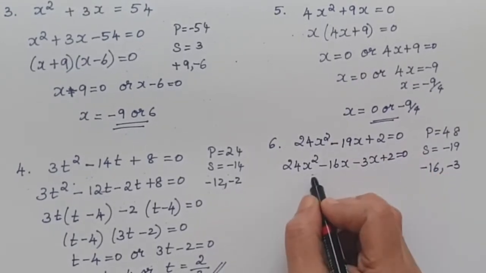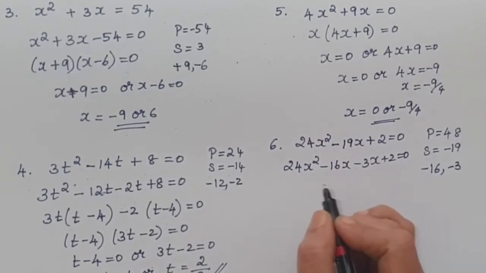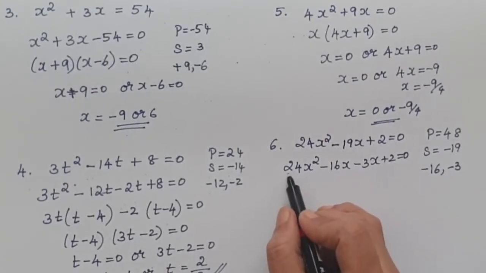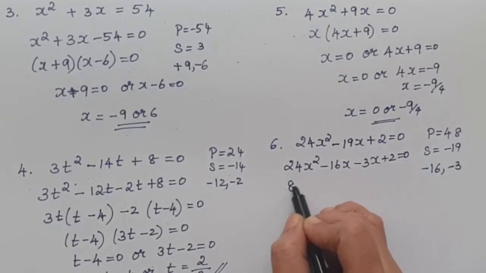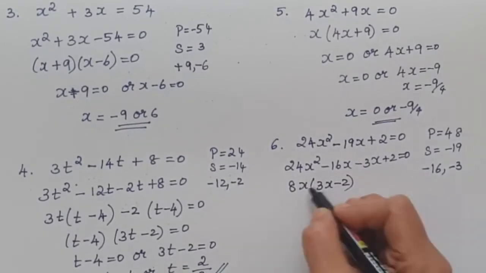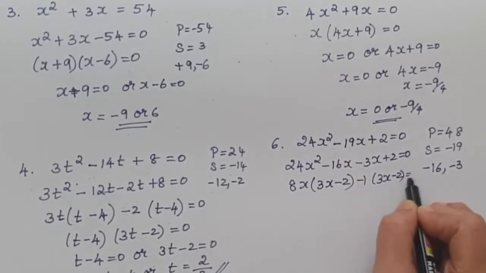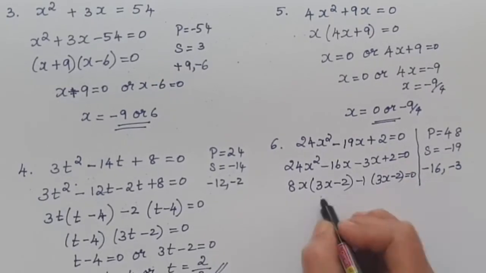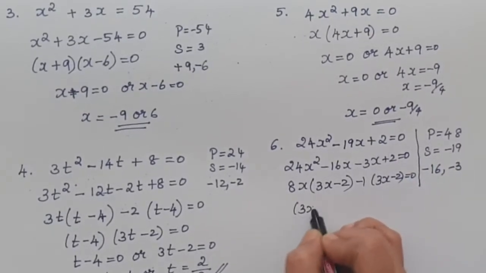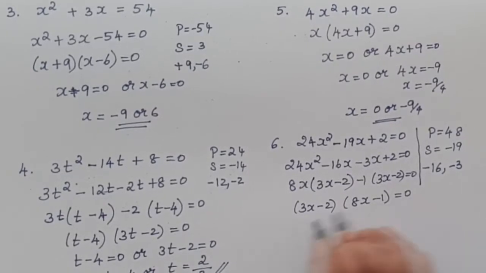So in this, 24 and now the common factor of 24 and 16 is 8 and 8x. So 3x minus 2. So whatever is in the bracket, we write it over here. So minus 1 will be equal to 0. So this will be equal to 3x minus 2 into 8x minus 1 will be equal to 0.